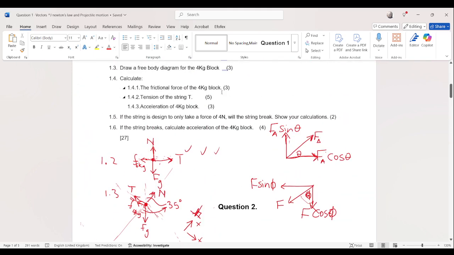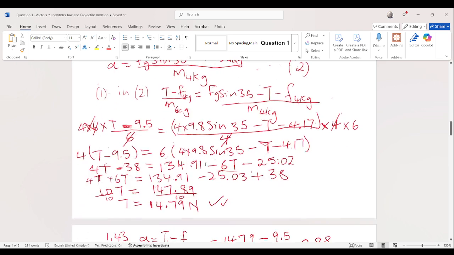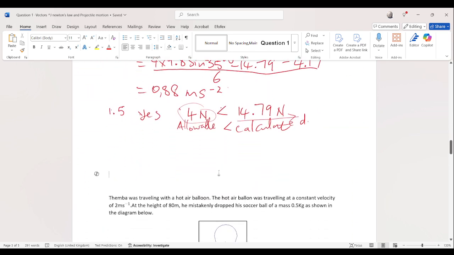Okay, 1.6, if the string breaks, calculate the acceleration of the 6 kg block. If the string breaks, we know that in order for us to calculate the forces, we need to have a free body diagram.